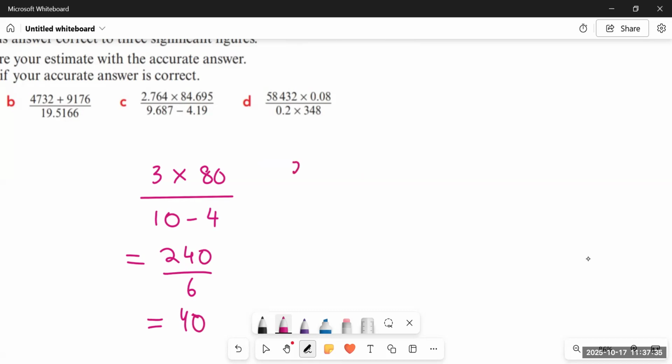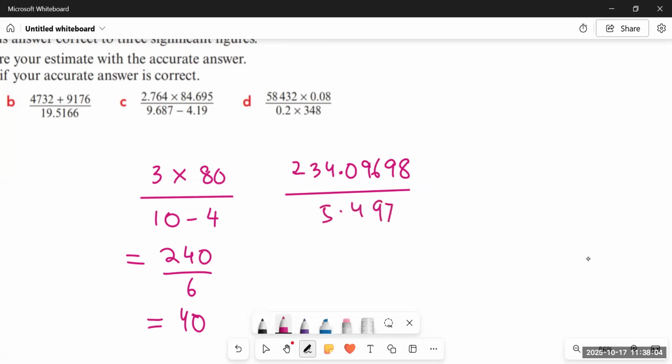Right? And now the accurate answer: 2.764 multiplied by 84.695 equals 234.09698. Then we will subtract 4.19 from 9.687, which is 5.497.